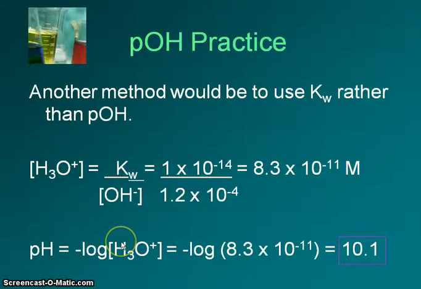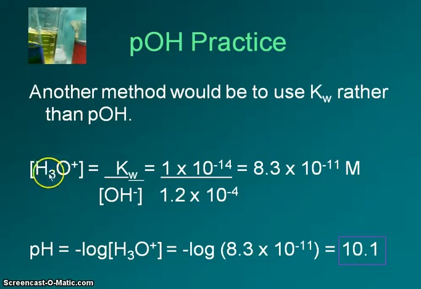Now, this one says that there is another way that you can calculate this. So if you would prefer to not use pOH, you can also use your kW expression. So kW, if you recall, is equal to the hydronium ion concentration times your hydroxide, and we always have kW as 1 times 10 to the negative 14th.